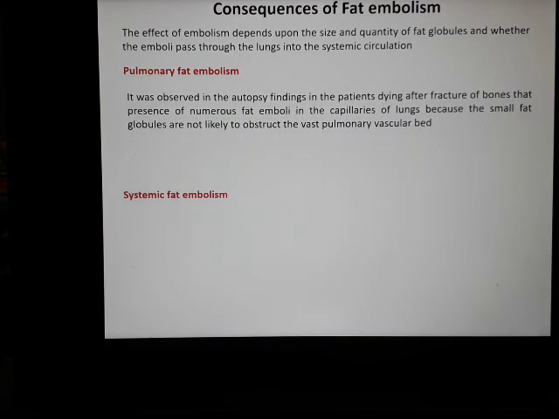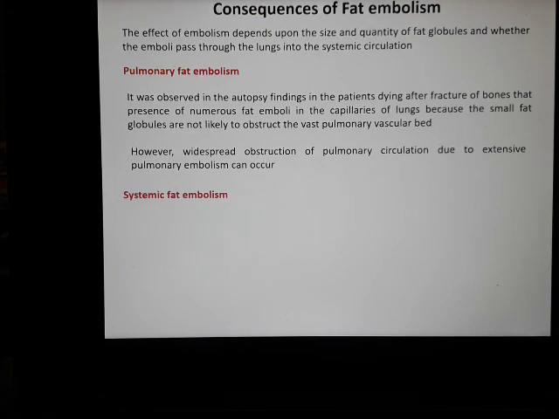In case of pulmonary fat embolism, in autopsy findings of patients dying after fracture of bones, there was presence of numerous fat emboli in the capillaries of the lungs, because small fat globules are not likely to obstruct the vast pulmonary vascular bed.